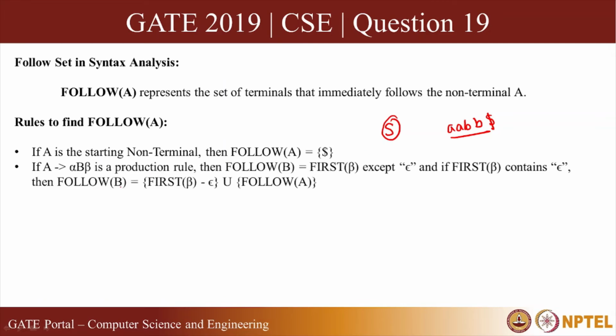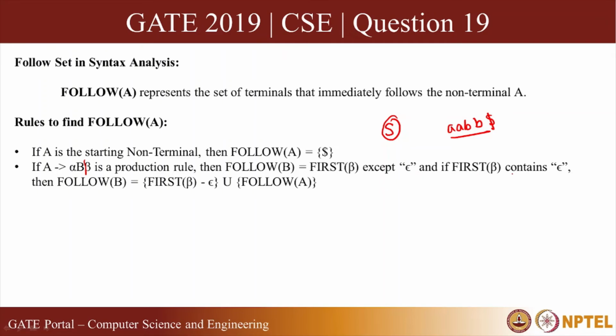Now let's look at the first rule. If A goes to alpha B beta is a production rule, then follow of B is equal to first of beta. It means after B, whatever terminals we can generate from beta. So first of beta except null.